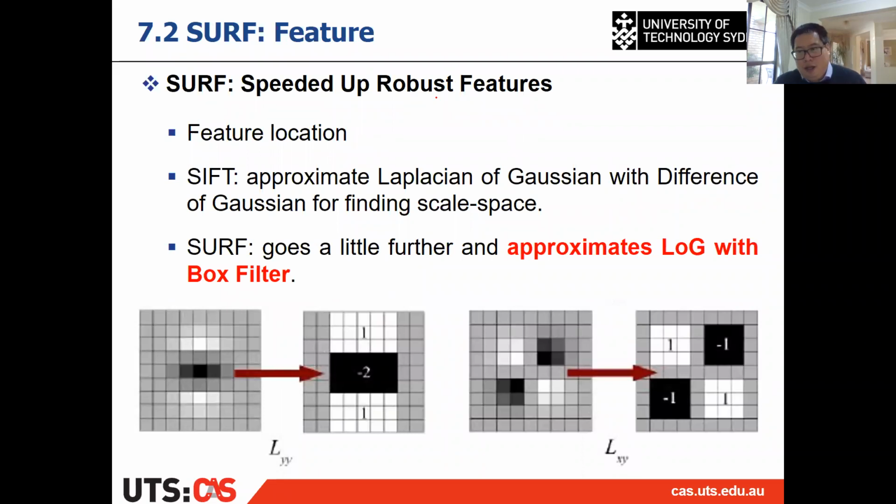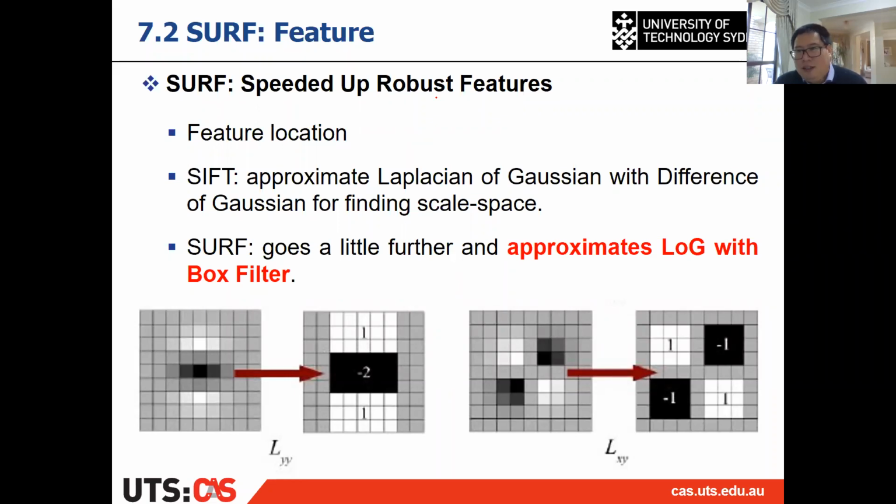Then we introduced SURF. SURF stands for Speeded Up Robust Features. And it is speeded up in both the feature locations and the descriptors. All right, so let's see how it is made faster. For the feature locations, SIFT approximates the Laplacian of Gaussian with the difference of Gaussian.